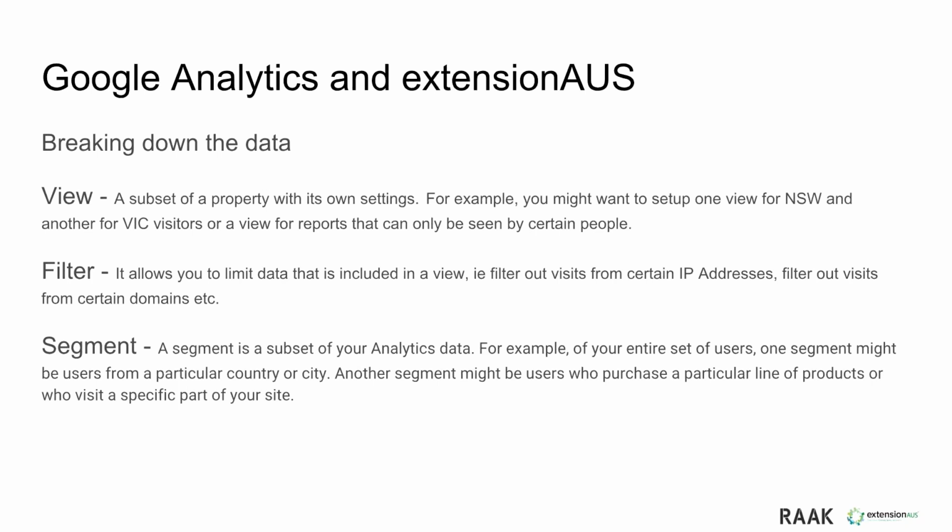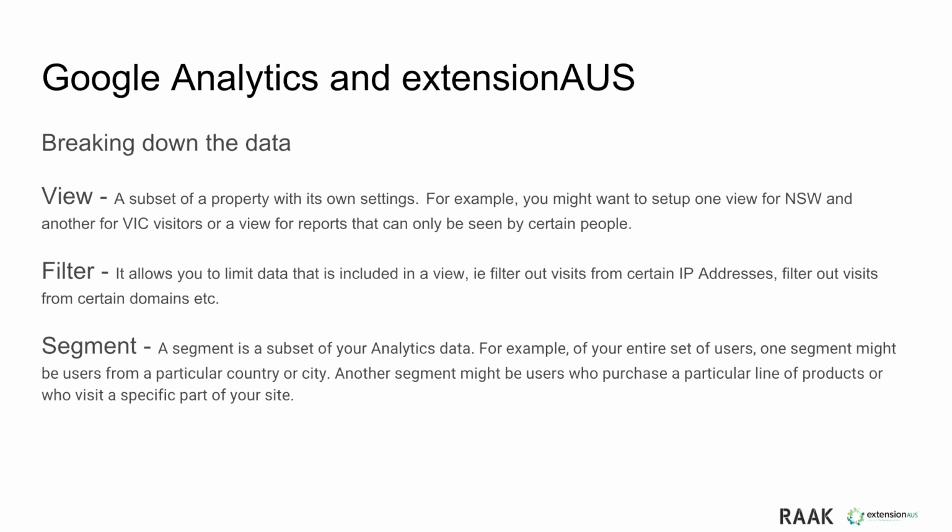For example, if you don't want your own visits to your own website to be part of the analytics data, which could be handy for an office that has lots of people accessing the same website, that would really skew your data as far as whether it is outside traffic or not. So you can exclude IP addresses or exclude domains.